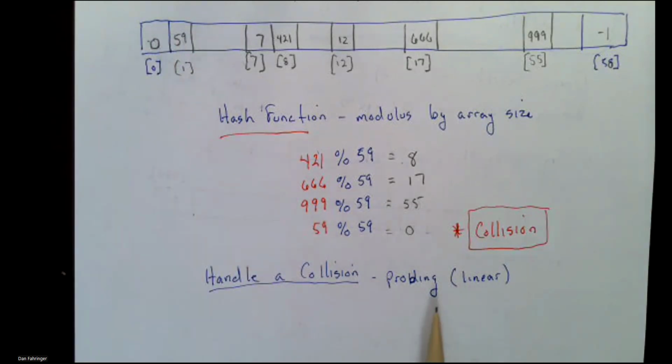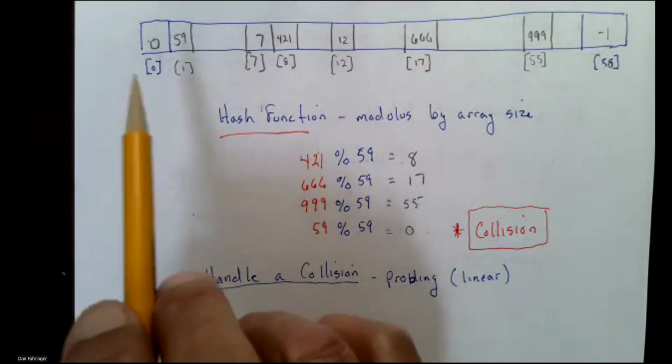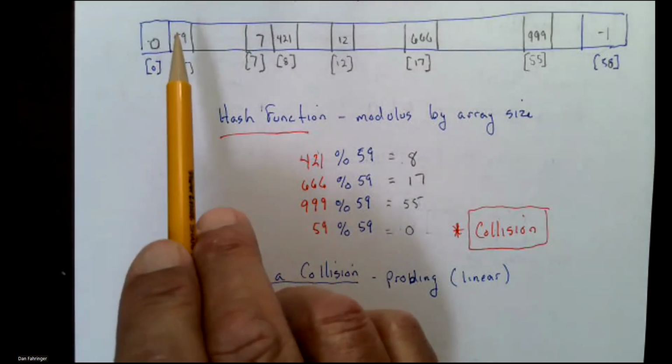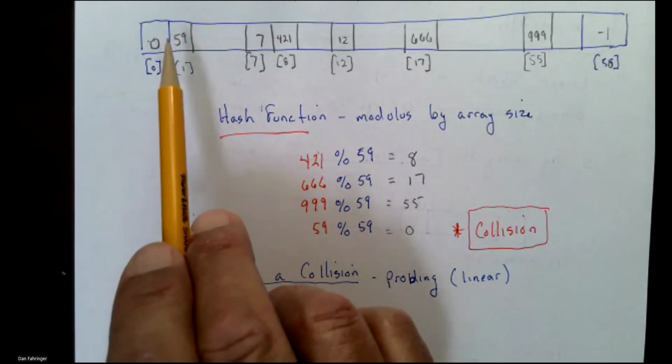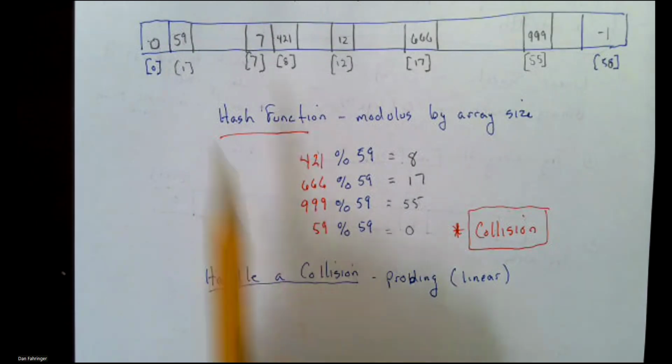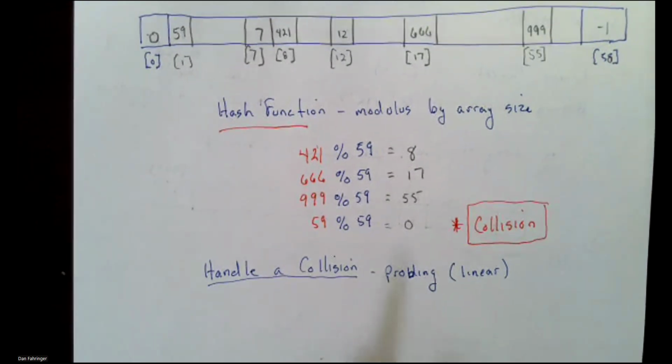So I have a bunch of different ways I could do probing that would get me to the next location. Another method is to go 1, this is the squares, then try, that's full, then go 4, then go 9. The different ways that I could remember how I'm moving to jump around to find a spot so that when I do my searching, I can get there quickly.